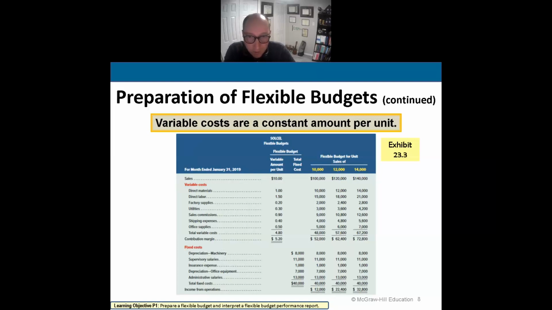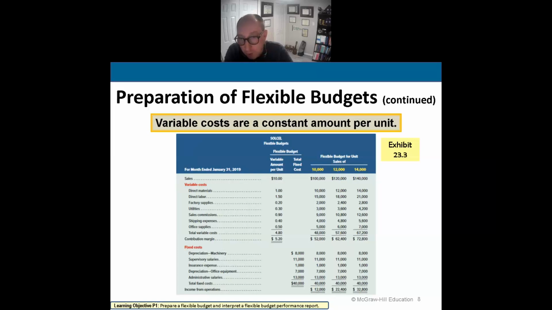So let's take a look. I sell 10,000 units. That means I'll sell $100,000 worth. I have my direct materials, direct labor, factory overhead. Then I have my selling administrative expenses. So give me my total variable cost. Total variable cost, 48,000 if I sell 10,000 units.